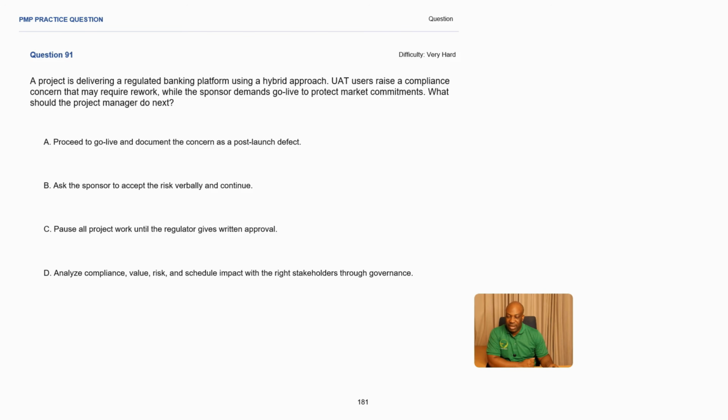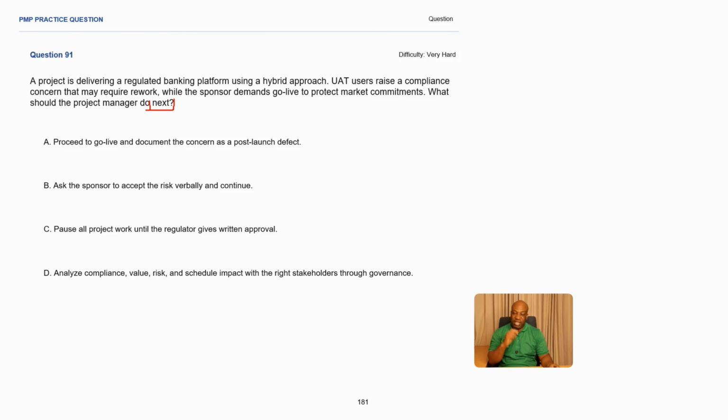Practice question number 91. A project is delivering a regulated banking platform using a hybrid approach. UAT users raise a compliance concern that may require rework, while the sponsor demands go-live to protect market commitments. What should the project manager do next? The important point here is "do next."